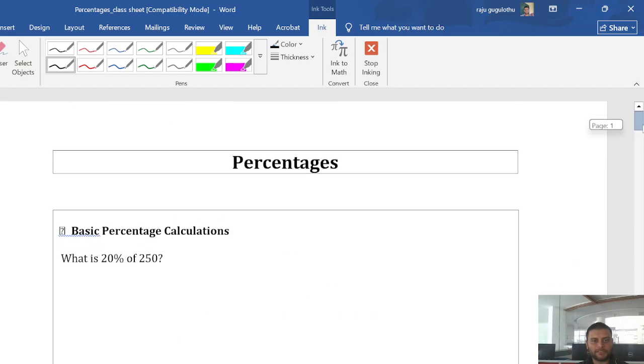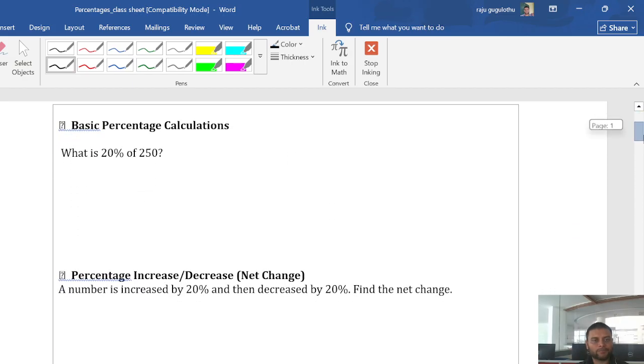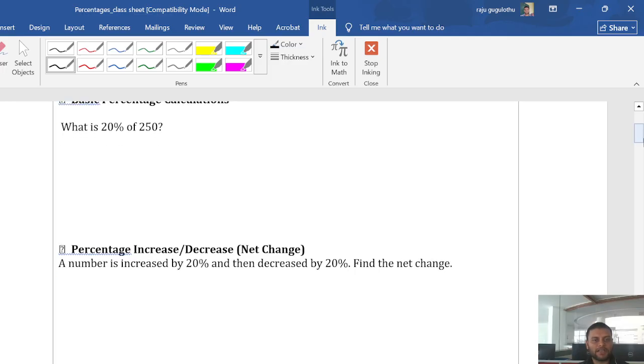With their concept base. First question, it's a basic question, guys. It is asking us to find what is 20 percentage of 250.